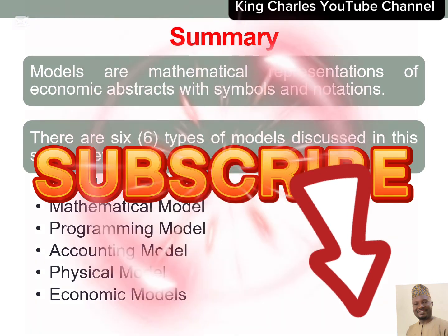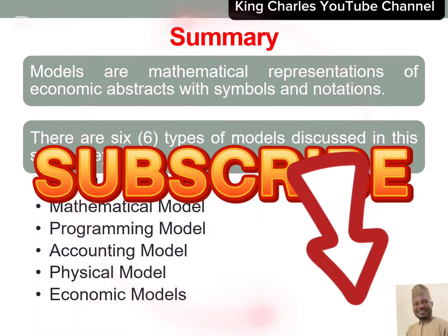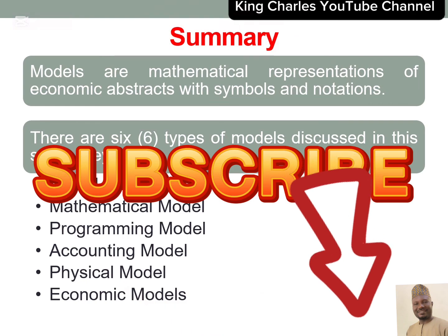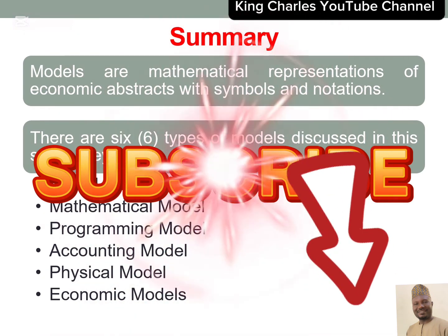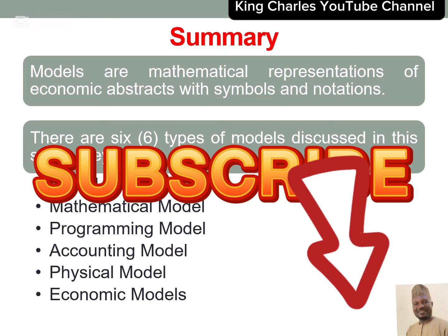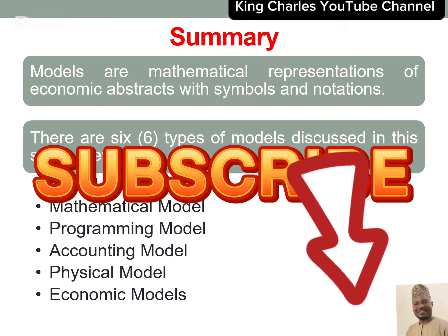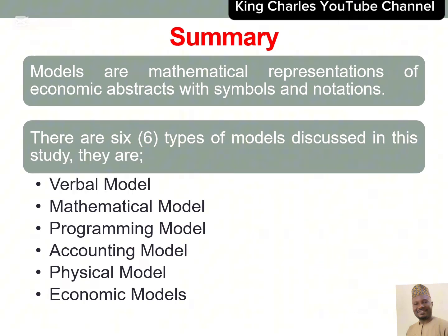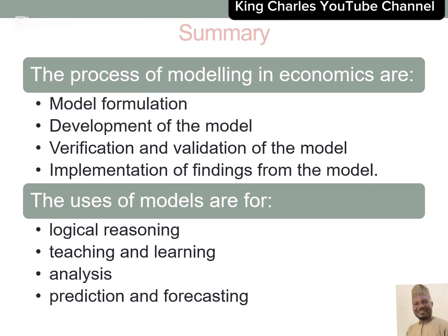So in summary, models are mathematical representations of economic abstractions with symbols and notations. 6 types of models were identified: verbal, mathematical, programming, accounting, physical, and economic models. 4 stages are involved in model building: the formulation stage, development stage, verification and validation stage, and implementation stage.